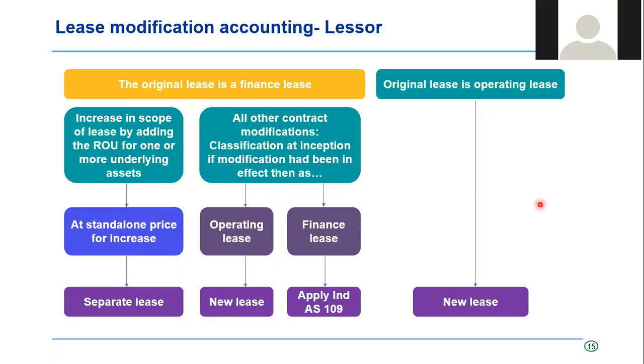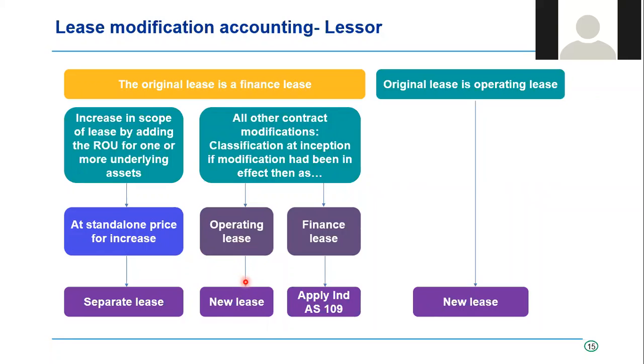The standard takes me back to the date of commencement of the lease or inception of the lease and tells me if you would have applied the new rental throughout the lease term, would your assessment have been that it continues to be a finance lease or would it have been an operating lease? If you conclude that no, with the revised terms, if I had known them on day one, and this is important, at inception, if it would have been an operating lease, then you now have a new operating lease.